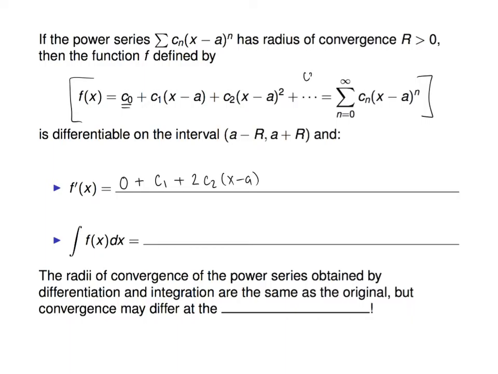The next term would have been c3 times (x minus a) to the third, right? So the derivative of that guy would be 3c3 times (x minus a) squared, etc., right? Because it's sort of a generalized infinite polynomial, sort of, right?